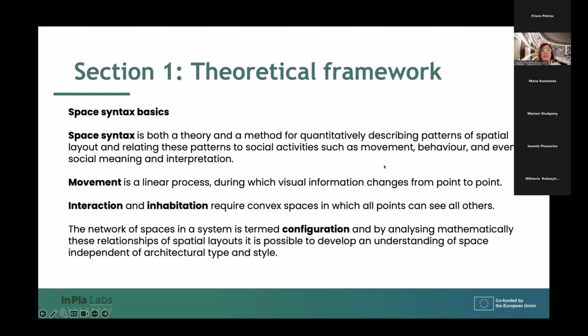And interaction, social interaction and inhabitation, they require spaces where we can visually see everything. They are called convex spaces. And in these spaces, we can see all points; all points can see all the other points. A very important term in Space Index is configuration, spatial configuration, which means the relations taking into account all other relations.